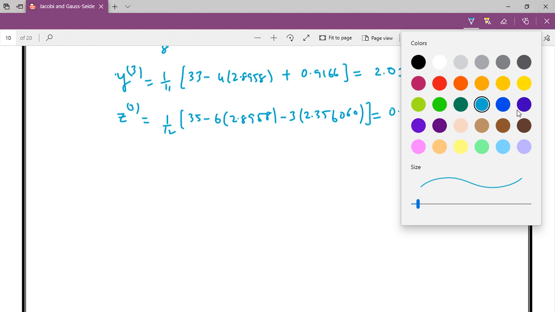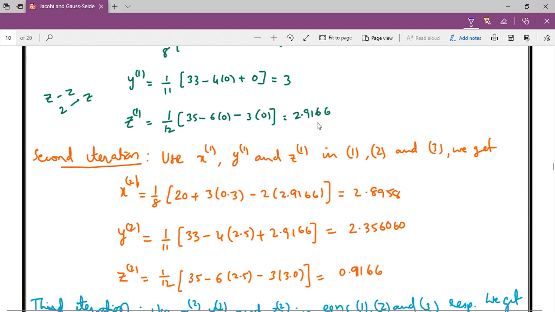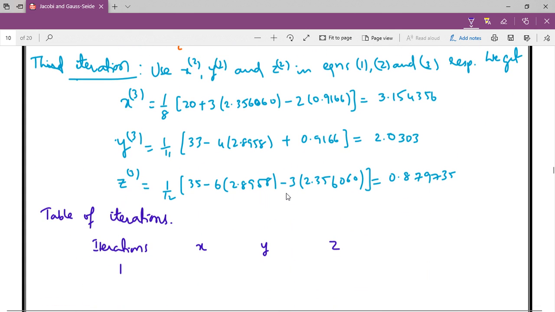The first column is iterations, then the x value, y value and z value. In the first iteration, what is the x value? 2.5, 3 and 2.9166.